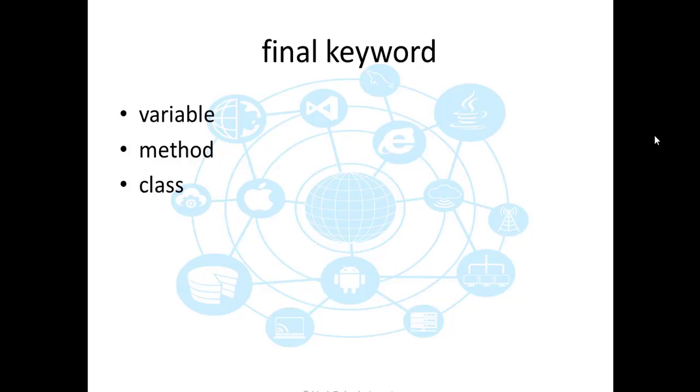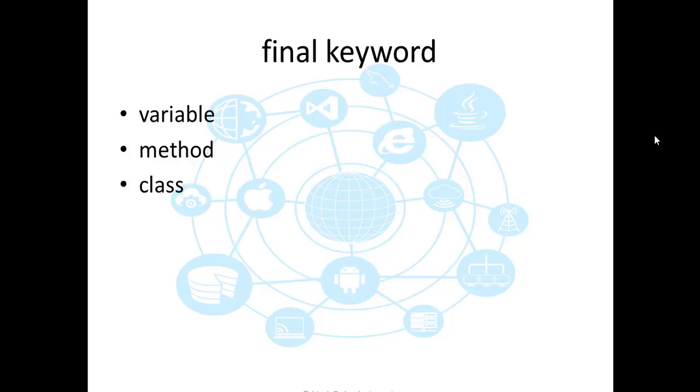If we use this with a method, let's say the method is public void xyz, a method without the final keyword, right? And another method, let's say a final method named abc, then xyz can be overridden, right? As we have seen in the previous episode that we have method overloading and method overriding, right?